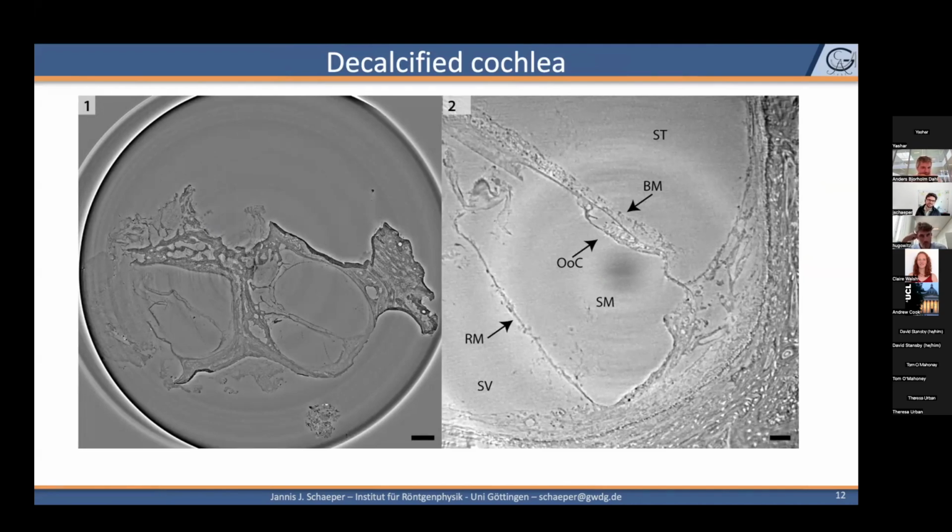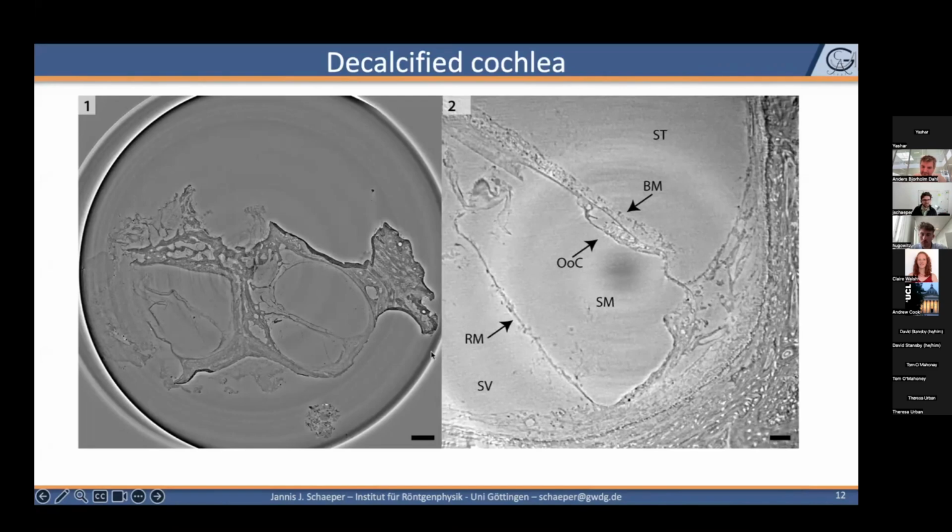Here we used a part of the side beam to have a look at the sample and try not to oversaturate the detector, but it was rather challenging. But that is kind of our goal, to really have a look at the single hair cells in the organ of Corti.